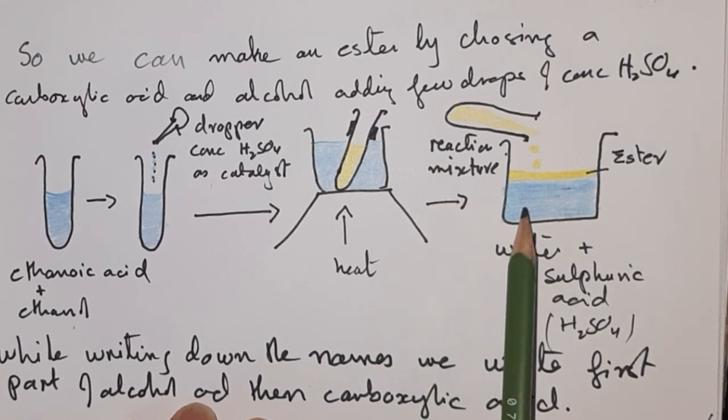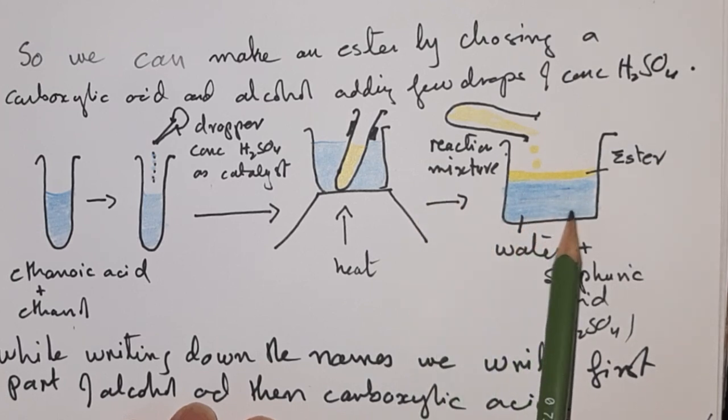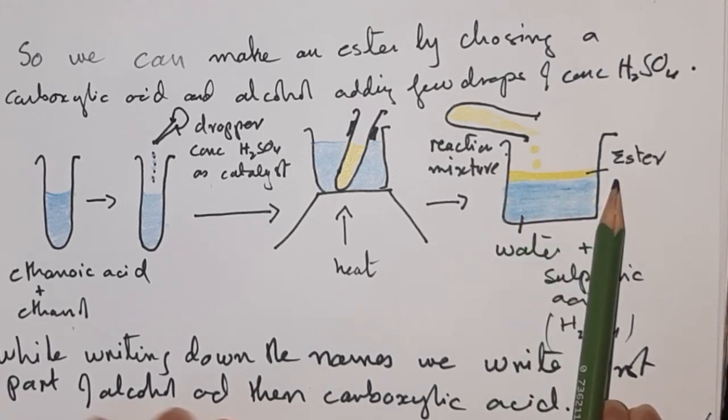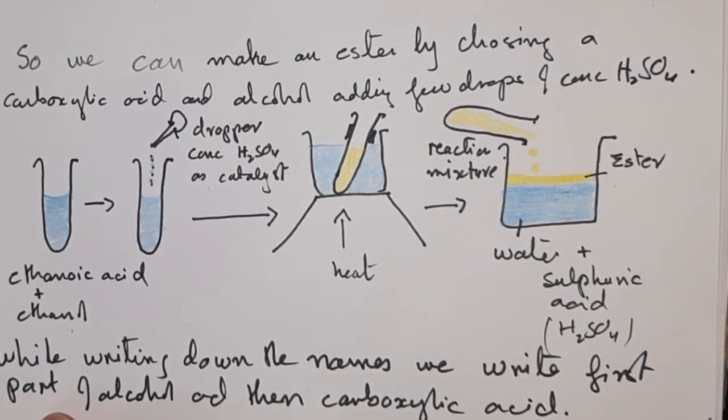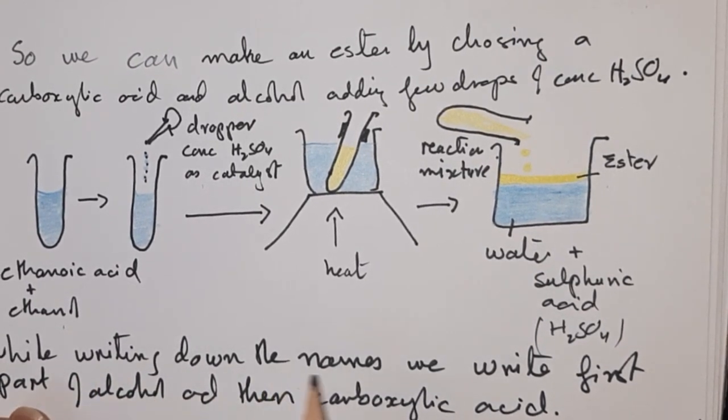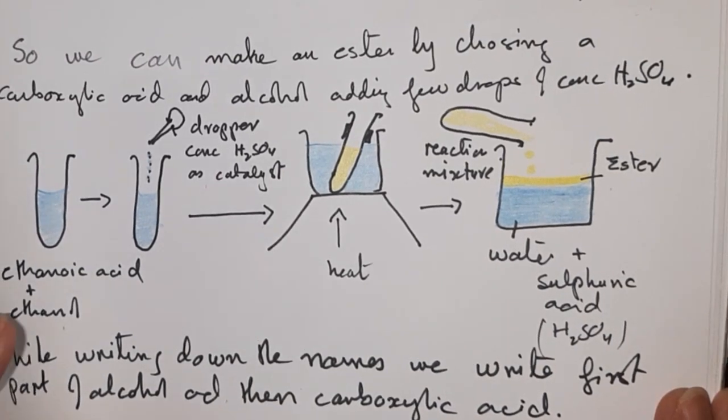So water and sulfuric acid will dissolve in this water, whereas the ester is actually insoluble in water, so it will form the upper layer. Just for you to remember, while writing down the names, we write the alcohol part first and then the carboxylic acid part.